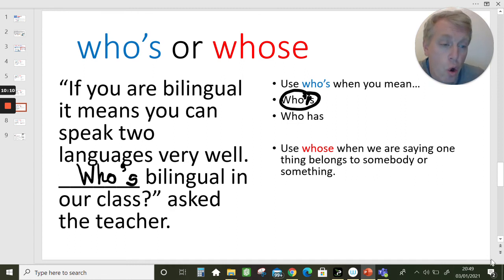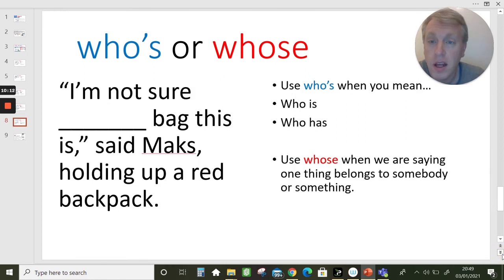So your work. Oh, sorry, there was one more. Mr. McMullen was wrong. Okay, I'm not sure whose bag this is, said Max, holding up a red backpack. Or is it, I'm not sure who is bag this is?